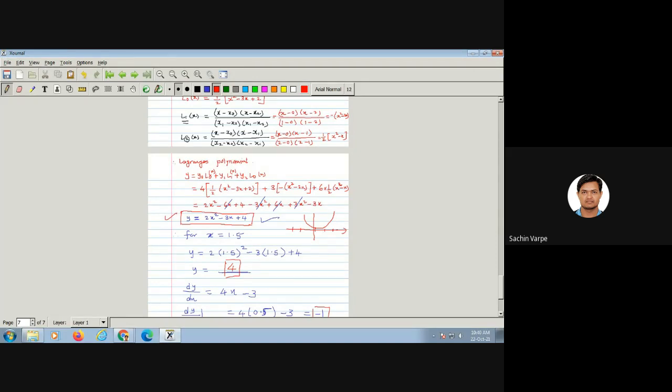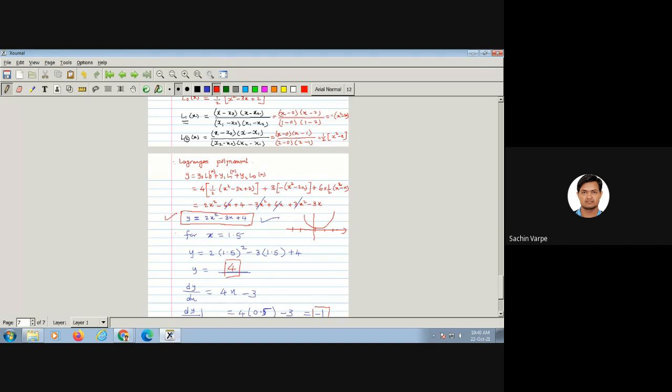Is this clear? So always remember, if we have discrete data in the form of a set of observations, and you want to find a value which is not possible to find directly from that data, then we first find the curve passing through all those points, which will be of the form y equal to some function of x, and then we substitute the x value to get the required corresponding y value.